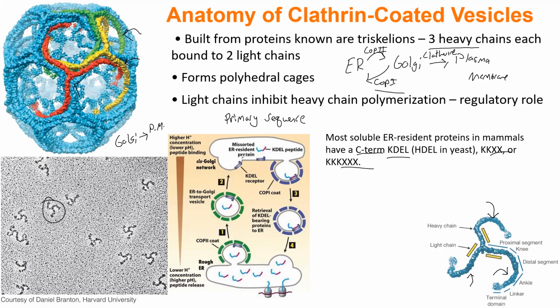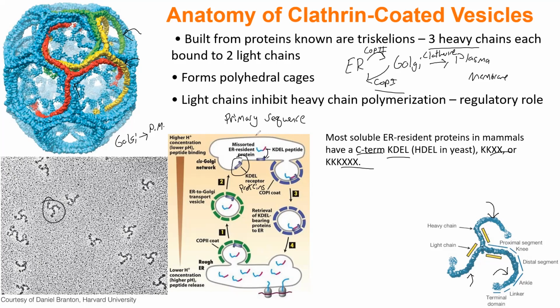Inside the cis Golgi, we have KDEL receptors, and these are proteins themselves that bind to these KDEL sequences very strongly. So any protein that is taken from the rough ER and transported to the cis Golgi, if you are an ER resident protein, you'll have this KDEL sequence, and then you'll bind this receptor because there's a very strong affinity between the KDEL sequence and the receptor.